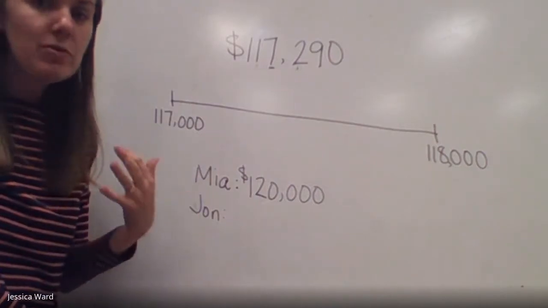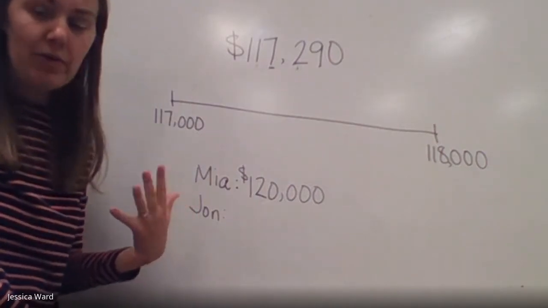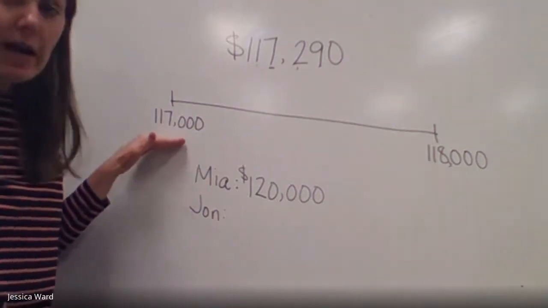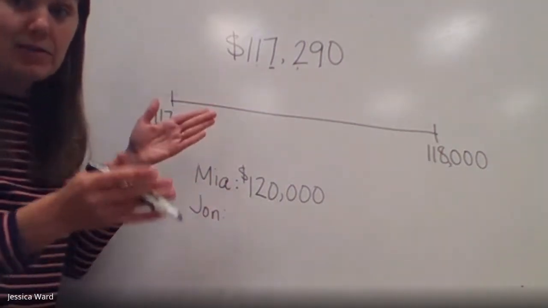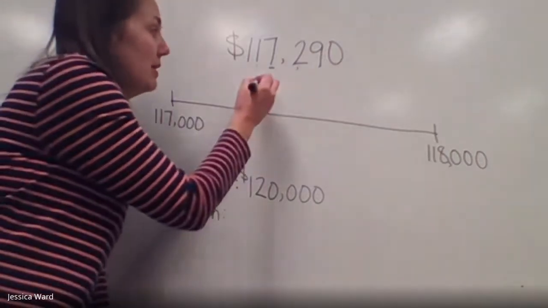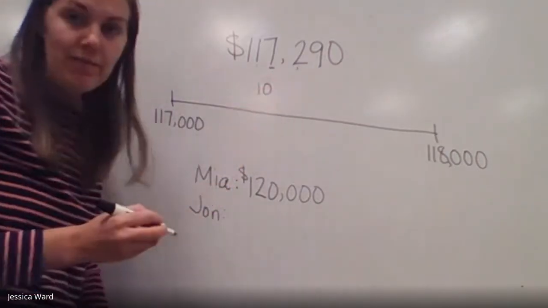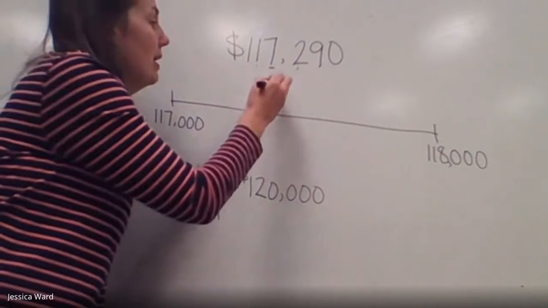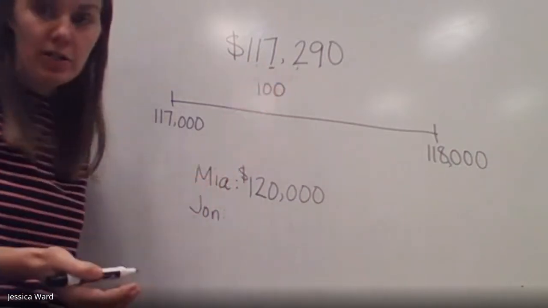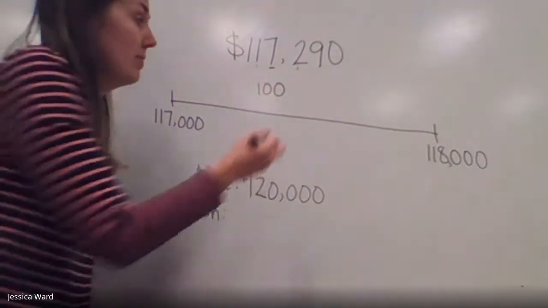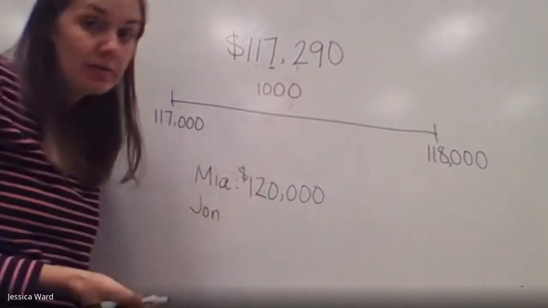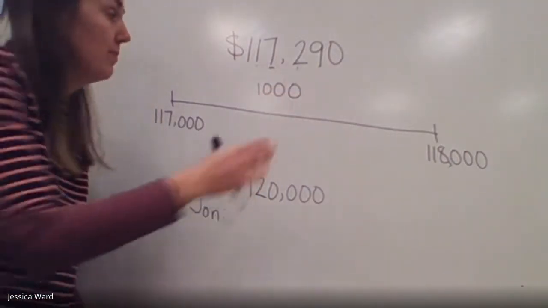Well, if you said 500, that would be correct. Just like halfway between 10 is 5, halfway between 100 would be 50, and halfway between 1,000 would be 500.